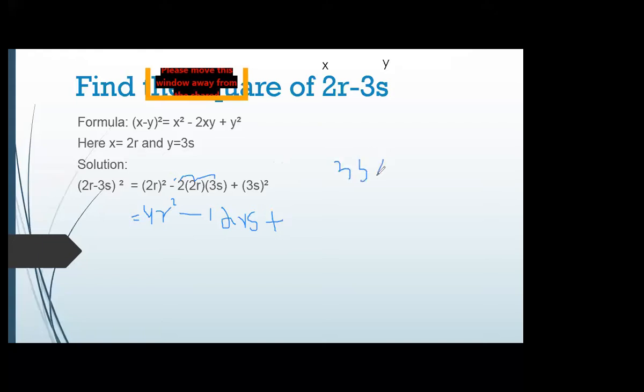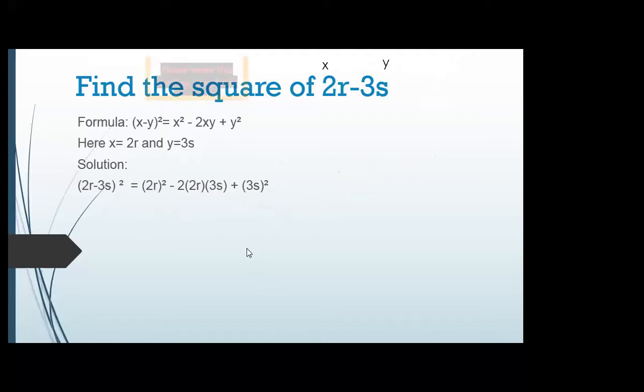I'm explaining again: 3 into 3 is 9 and s into s is s square. Is it clear, everybody? So here we get 4r square minus 12rs plus 9s square.